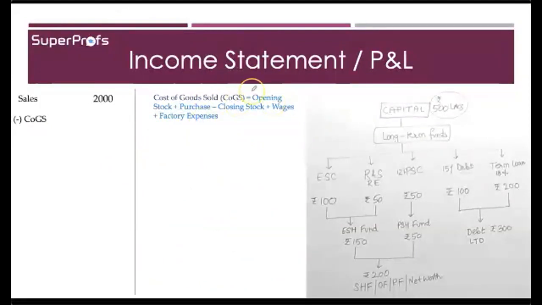For our discussion, let us assume this is 1400. Now, just like your simple example of selling apples, once you subtract this cost of goods sold from sales, what you get is the gross profit.